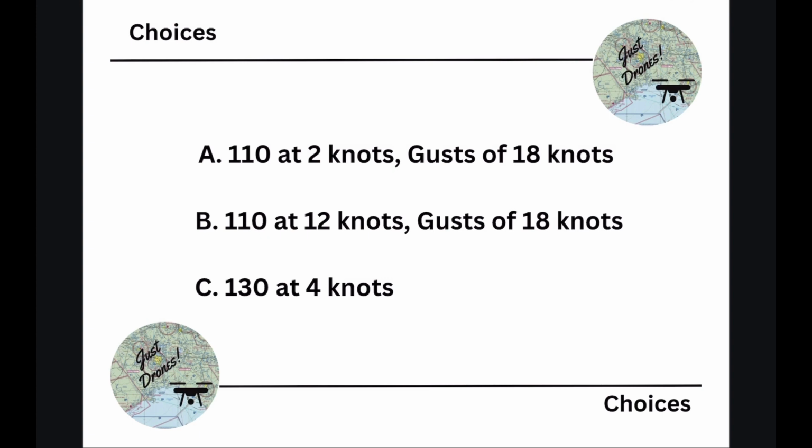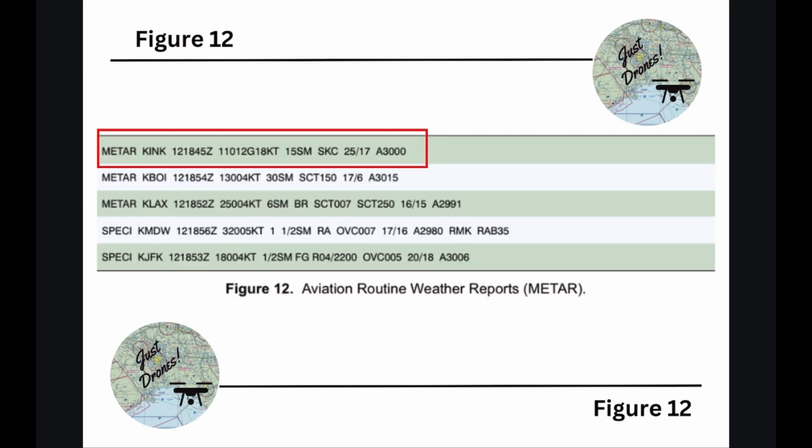So now that we've looked at our possible answer choices, let's go back to figure 12. All right, on figure 12, we have found the specific METAR that the question was looking for, Wink, Texas. So because it's labeled METAR, we know it's an observation report, a surface observation at that airport. And anytime you're dealing with a METAR, this is the typical coding format that you get.